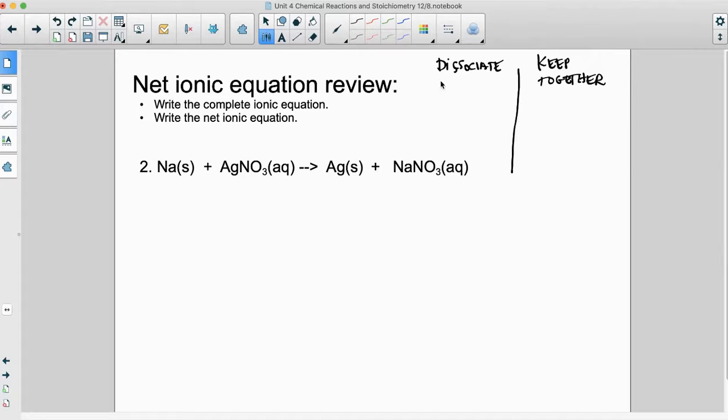Okay, so remember, dissociate means to separate into ions. So here are group 1, our nitrates, our ammonium. Those things get separated into ions. Those substances, so any soluble ionics.